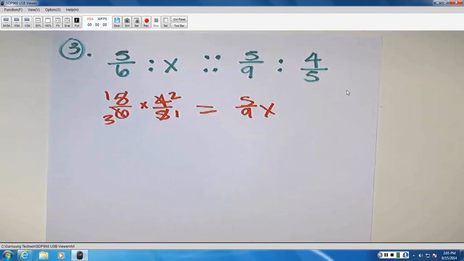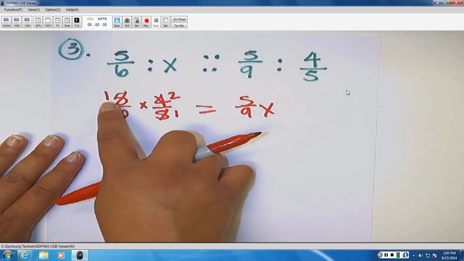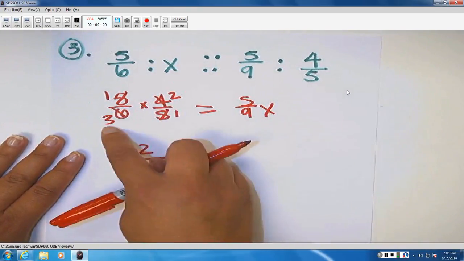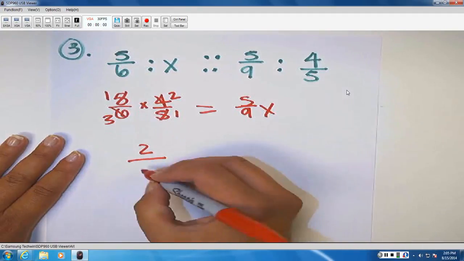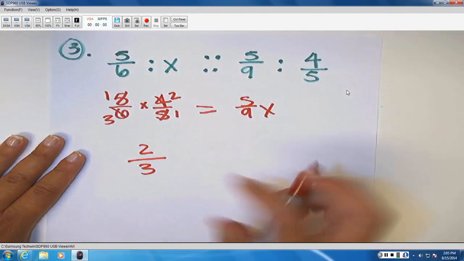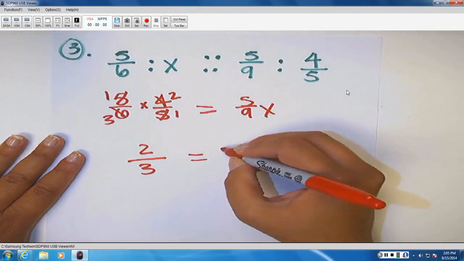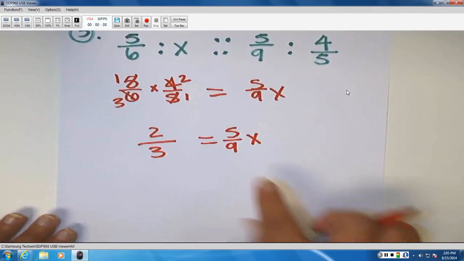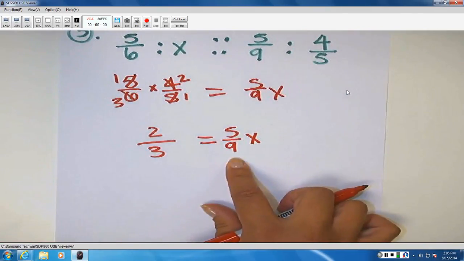And now I'll just multiply straight across the board. 1 times 2 is 2, and 3 times 1 is 3. So I have 2/3 over here equals 5/9 times x. So now I need to bring this 5/9 over and divide it.